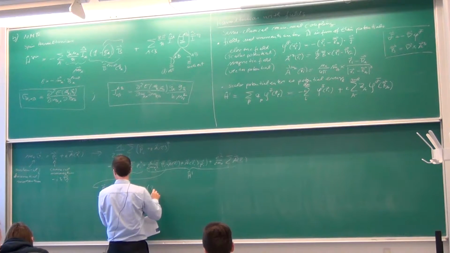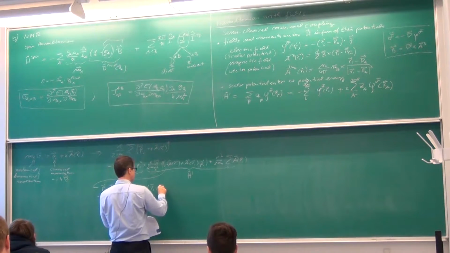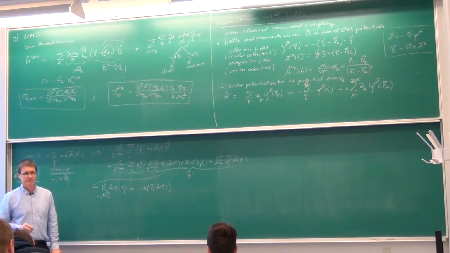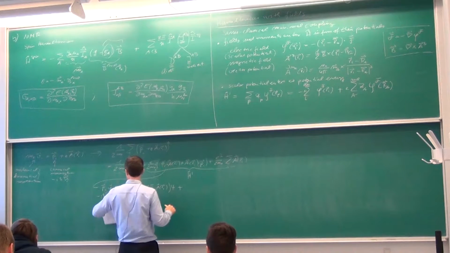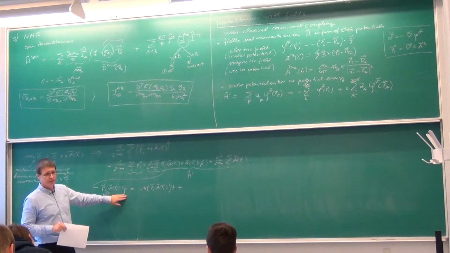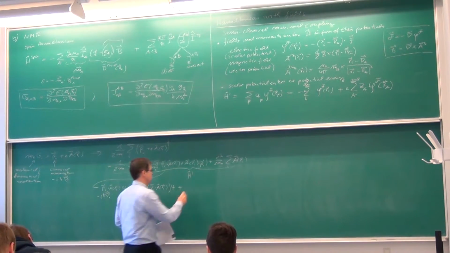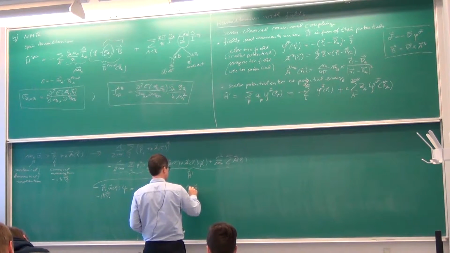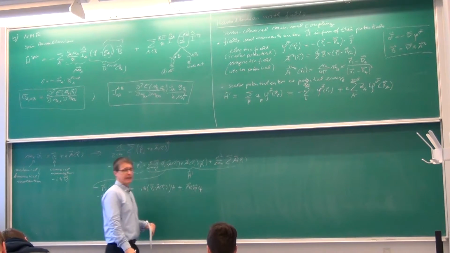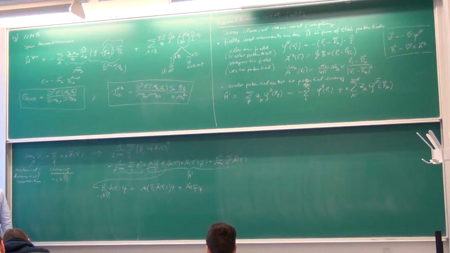In order to distinguish that this is now only the derivative of the vector potential, I better put a parenthesis around it, times psi, plus, and now I take the derivative of the second part. So I get A, and now the p acting on A of r_i, the p acting directly on the wave function.